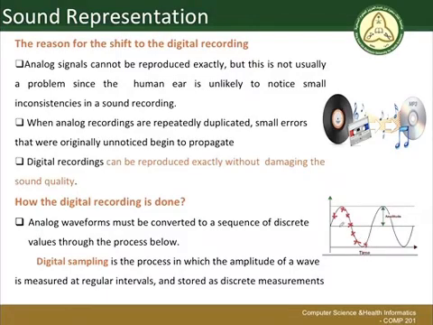Then we're going to measure the amplitude at these points to get the values, and then we get the discrete values that will enable us to store them in the computer.